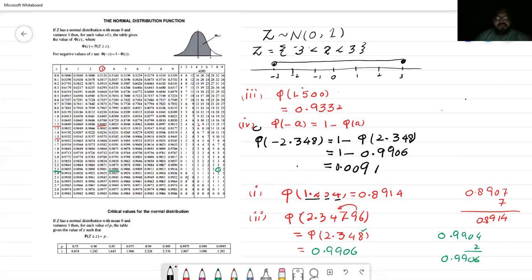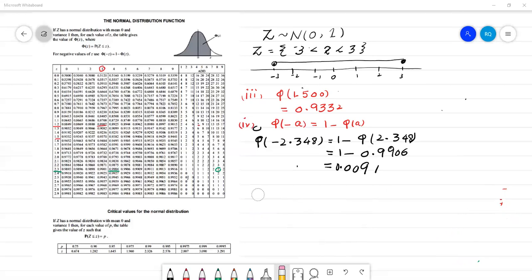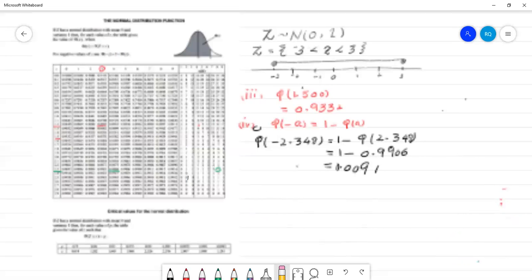The inverse value is very simple, very easy.